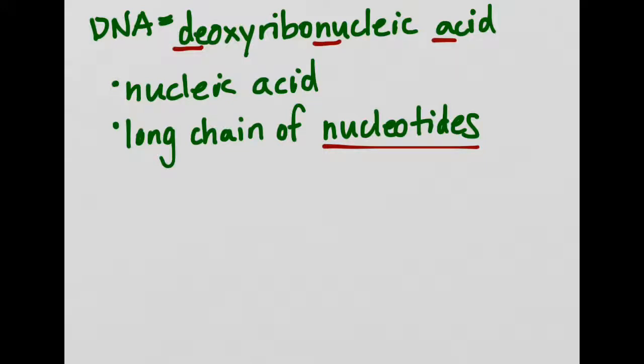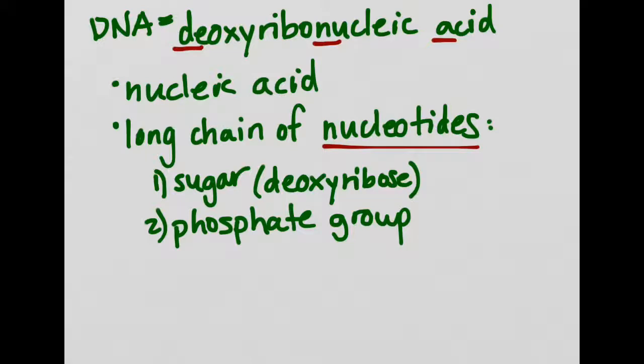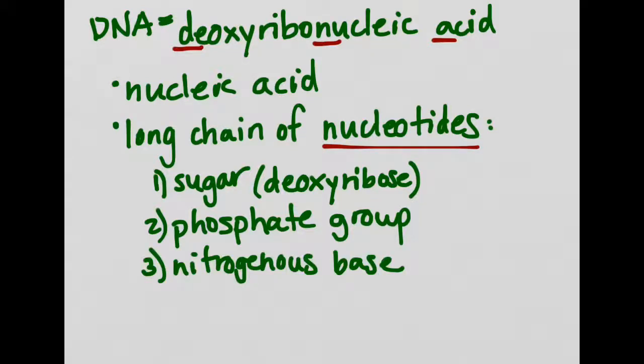Each nucleotide has three basic components. First, a sugar, which is a 5-carbon sugar called deoxyribose. Then a phosphate group, and the final component is a nitrogenous base. Simply put, these are bases that contain nitrogen.